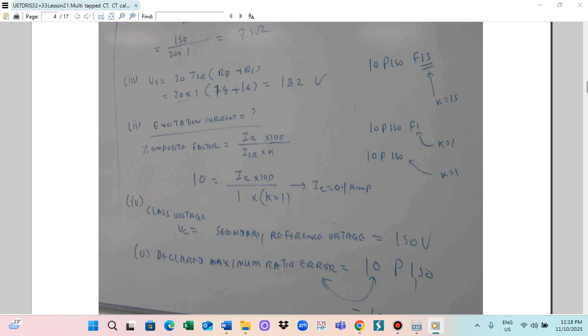So this is the rated secondary current. RS is the secondary DC resistance.